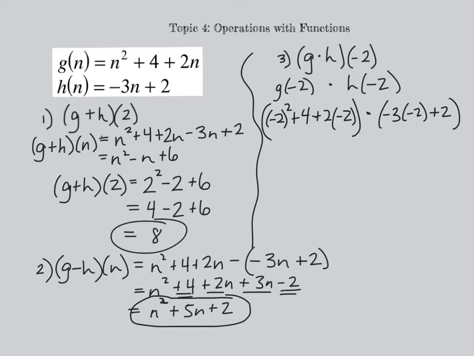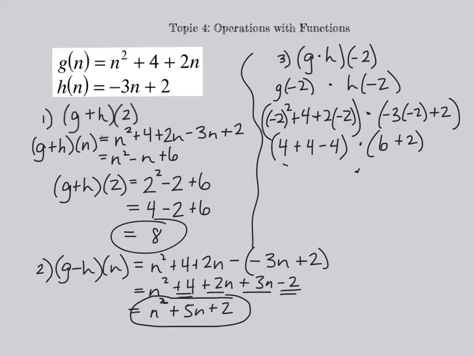All right, squaring -2 gives us 4, then plus that 4, and then minus a 4, since we multiplied here. For h of -2, we'll do -3 times -2 first to get a +6 plus a 2.